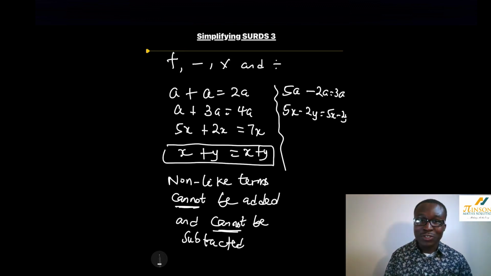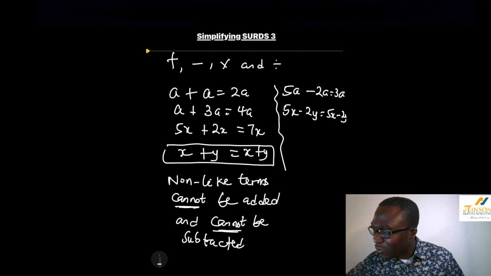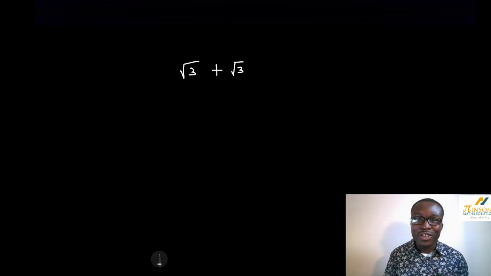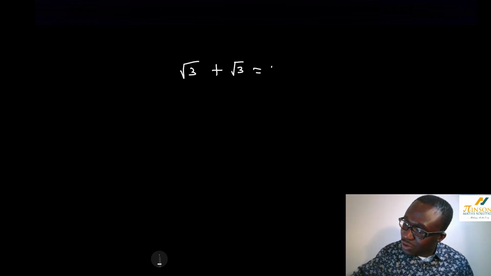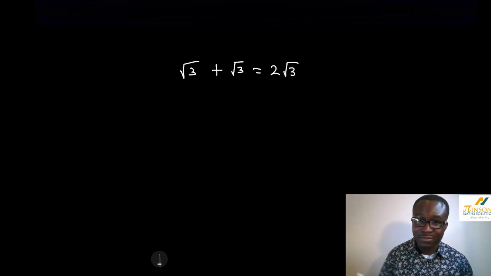Now surds work exactly the same way. If I've got square root of 3 and I'm adding it to square root of 3, because they are both roots of the same number, I've got two lots of them, I can add them. They are like terms.